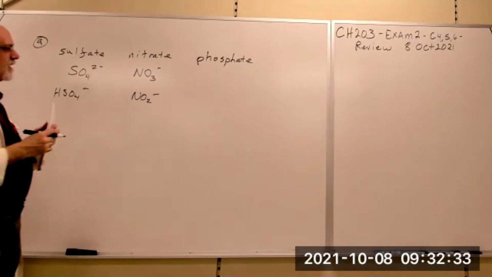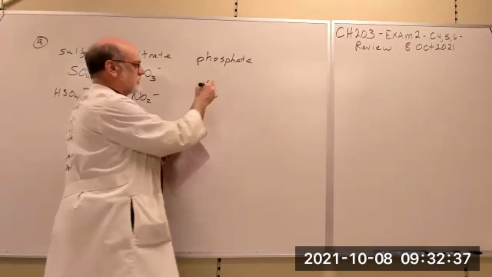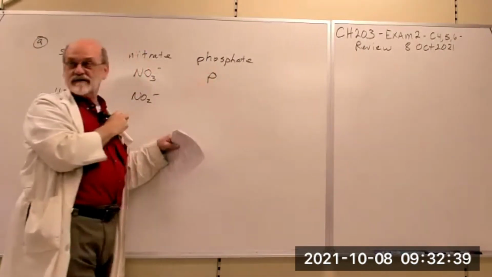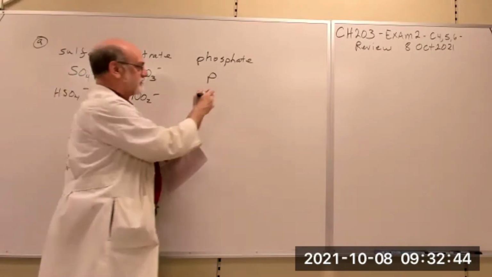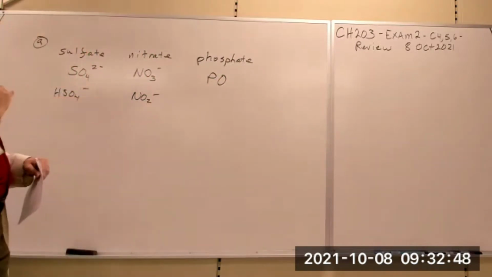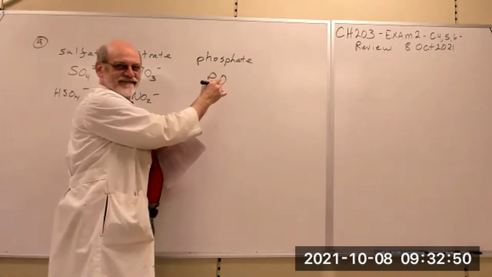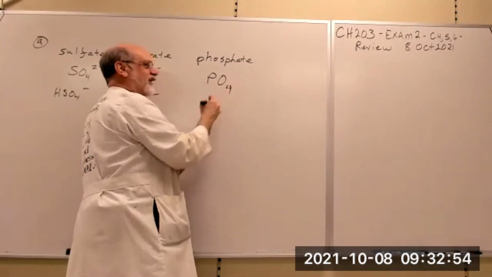Okay. How about phosphate? I put that one up there just a second ago. Phosphorus, of course. It's got to have oxygen in it. Right? How many of them? We'll take a vote. No, there's 4.